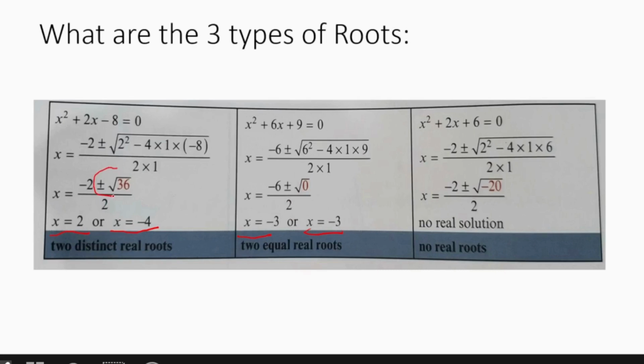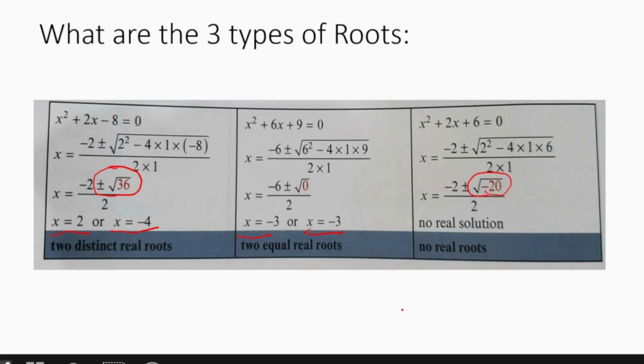All of this depends on the plus/minus square root of 36. Remember this, or whatever is inside the square root. And as you can see here, negative numbers will not have a square root. This will not give any real solutions, so no real roots.